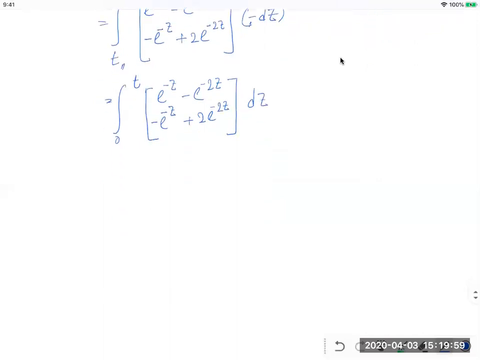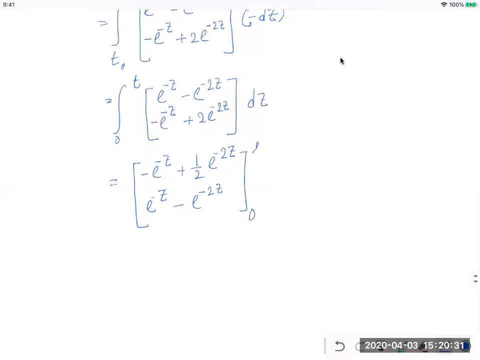After evaluating, minus e to the power minus z with a negative sign plus half e to the power minus 2z, and the second element is e to the power minus z minus e to the power minus 2z.